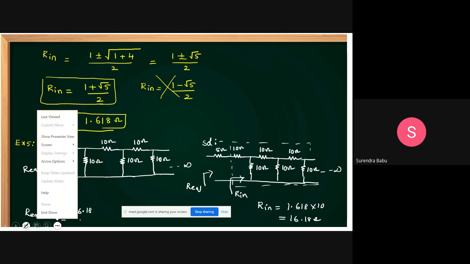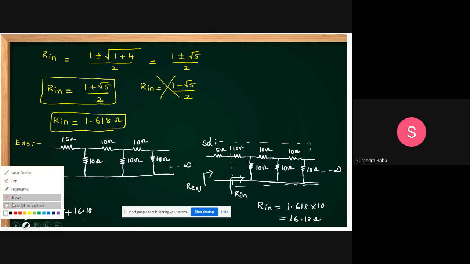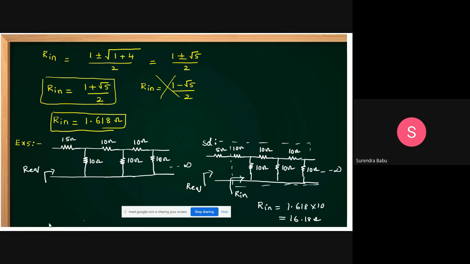How much? 5 plus 16.18, the R equivalent is 21.18 ohms.